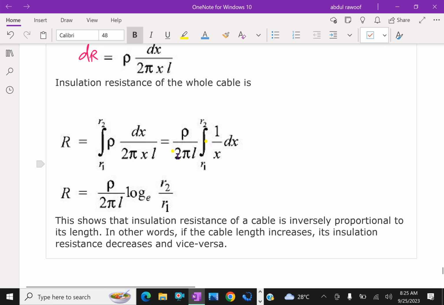Here rho and 2 pi L are constants, so we take them out of the integral, leaving the integral of 1 over x dx. The integral of 1 over x dx is ln x.